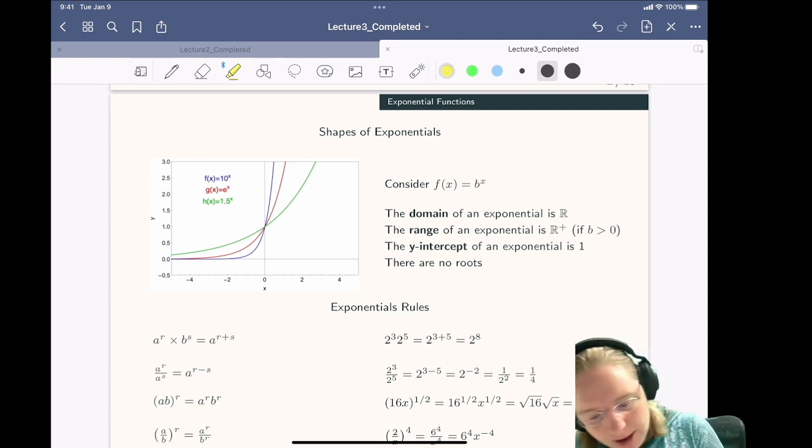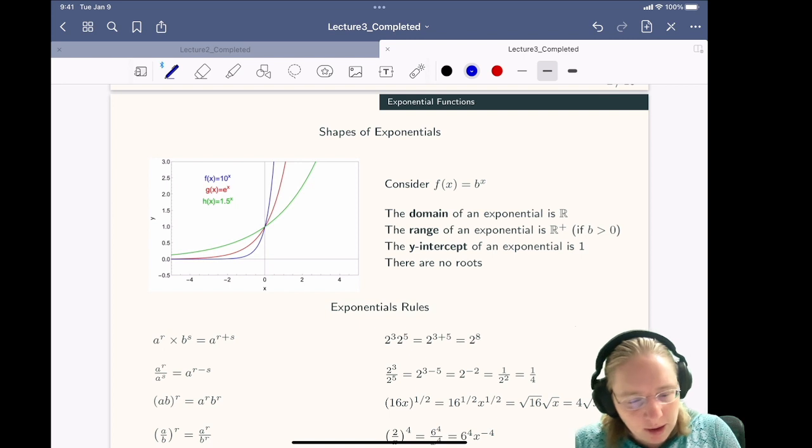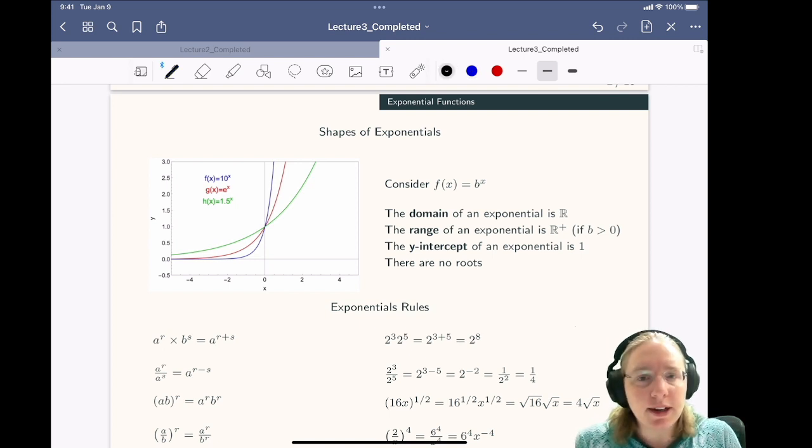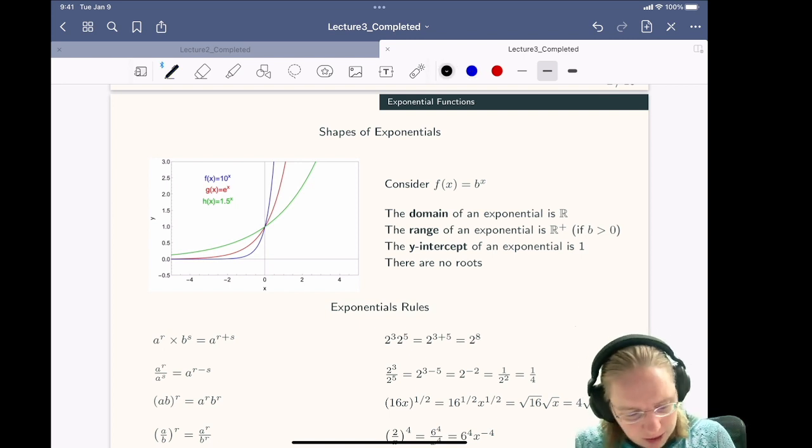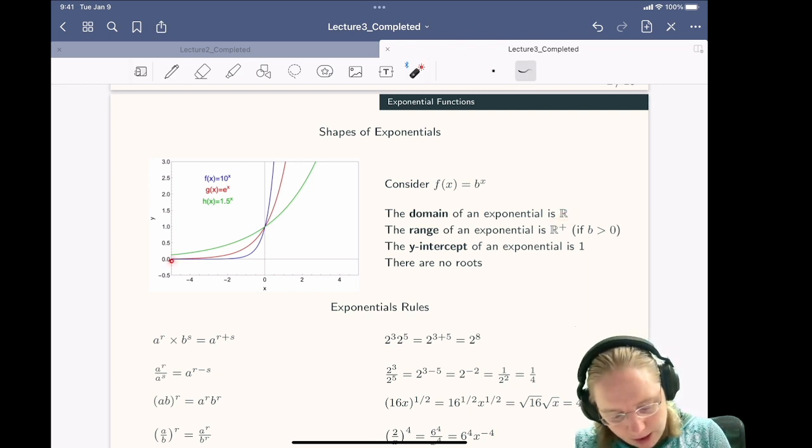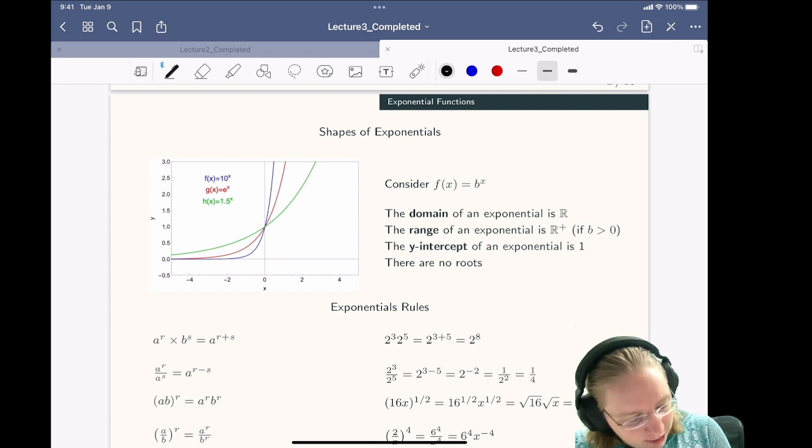Just like you need to know the shape of a polynomial, you should be able to recognize the shape of an exponential function. To do so, we can think about some particular characteristics of an exponential. The first is that it has the domain of the real numbers. So it can range anywhere from minus infinity to positive infinity. How do we write that in set notation?